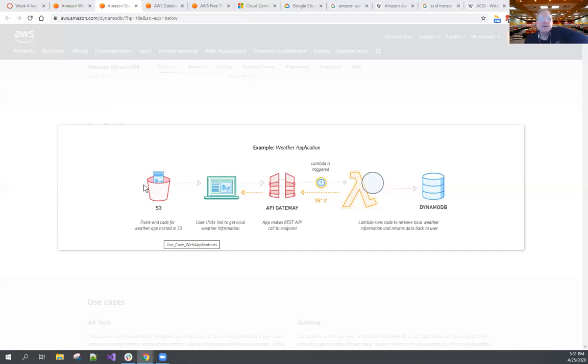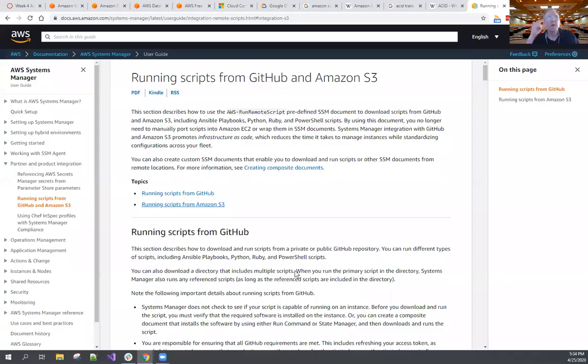I'm having a brain lapse. Hold on. Okay, Python. Let's say we have a Python script in our code that we put there on S3. Can a Python script be run on S3? So can you run scripts from Amazon S3? This is where you grab the scripts from GitHub or the Amazon S3.